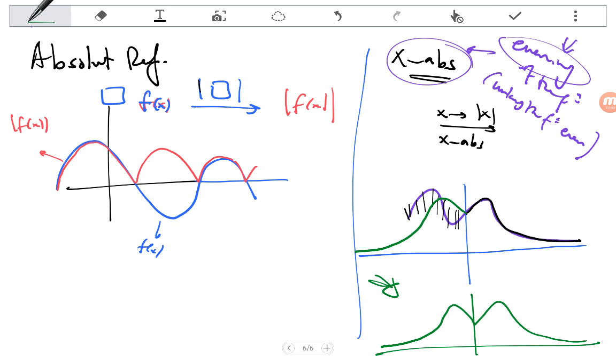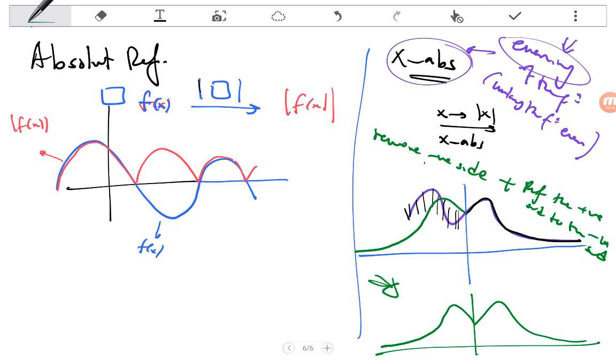We remove the negative side altogether. Then we reflect the positive side to the other side, the negative side. So we have two steps: remove the negative side, plus reflect the positive side to the negative side.